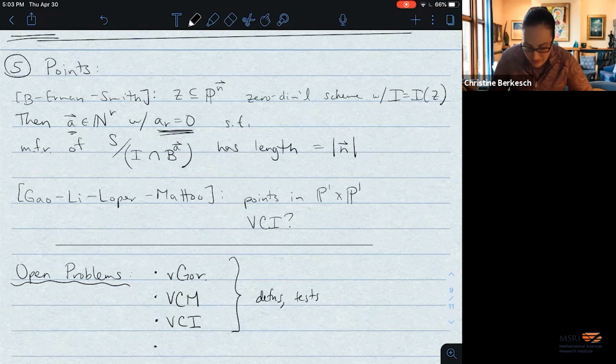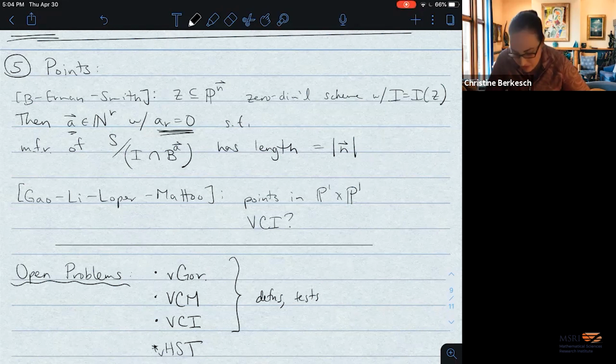And another big thing here is back to looking at these Hilbert-Syzygies theorems. Right now we have this virtual Hilbert-Syzygies theorem for products of projective spaces, and we have it for monomial ideals in general, but that leaves a lot of territory uncovered. So I think this is another direction that we should be trying to get some answers.